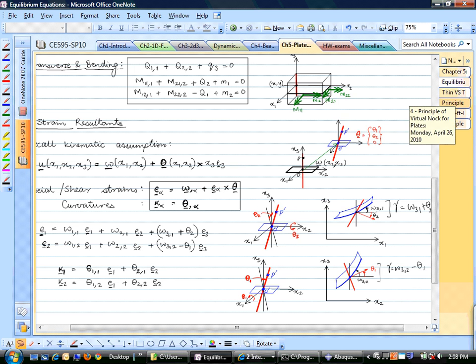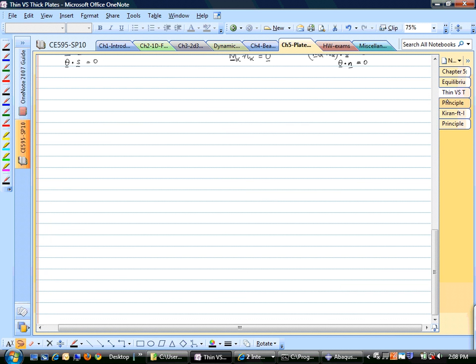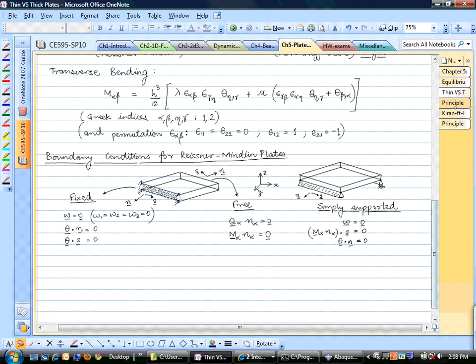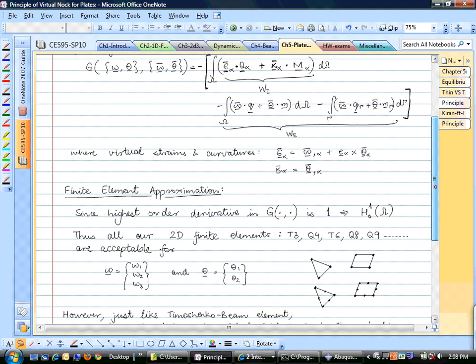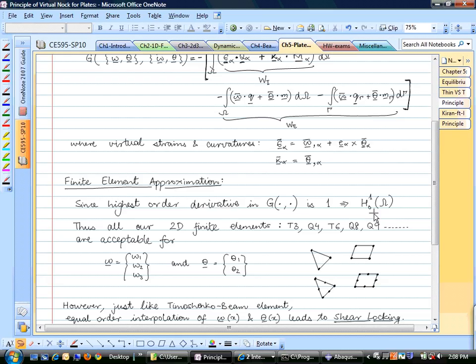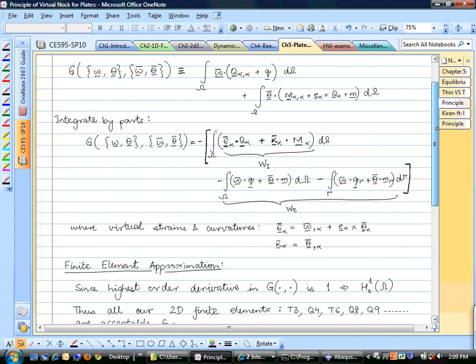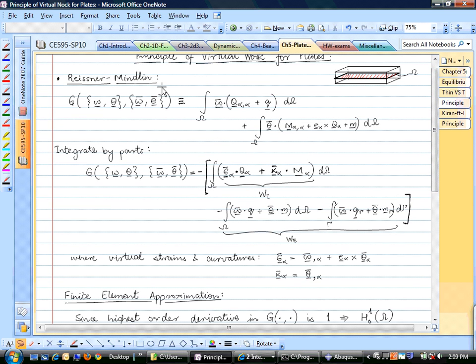So the highest order derivative is 1 in this weak form, and therefore what that means is we can choose shape functions which have square integrable derivatives, meaning that all the two-dimensional finite elements, the T3 triangle, Q4 element, T6, Q9, and all those things that we had developed, they are valid choices for the Reissner-Mindlin plate element.